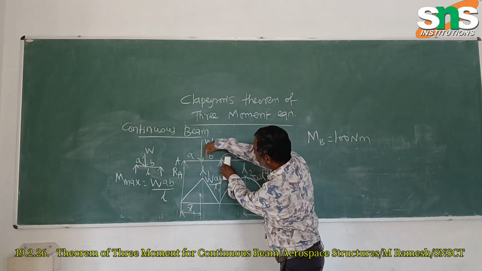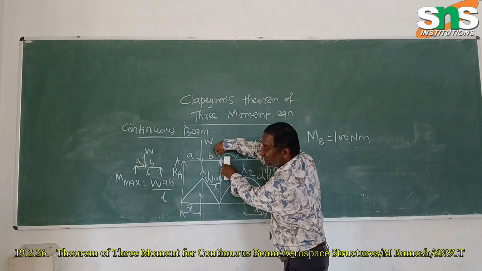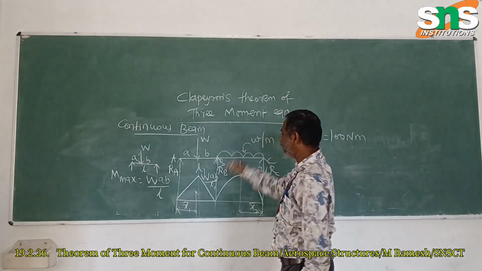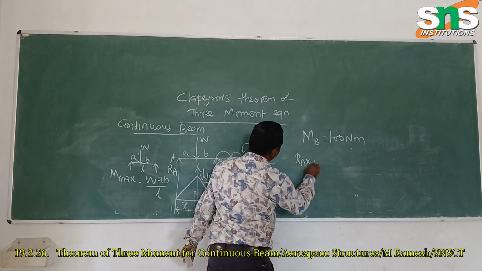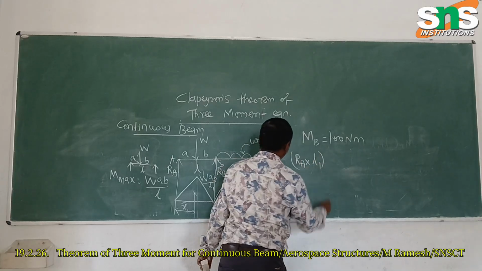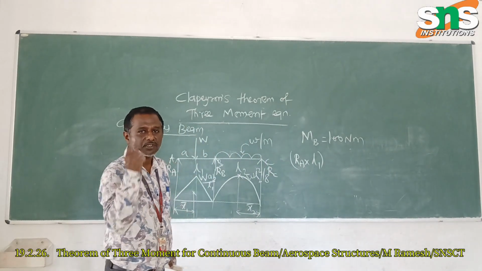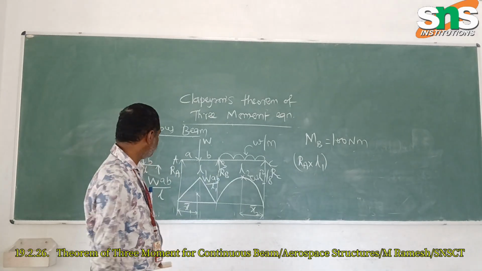So RA into L1 and W into this distance to B, that is equal to the bending moment at point B. So I can write RA into L1 minus W into the length to point B, equal to 100. For the bending moment at a particular point, you can use sign conventions: upward force produces positive and downward force produces negative values.